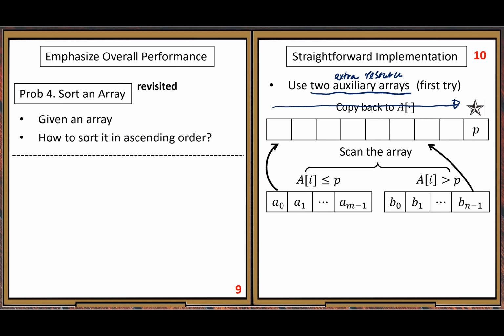So in our second try, we do not use two auxiliary arrays. We just move the elements within the original array.